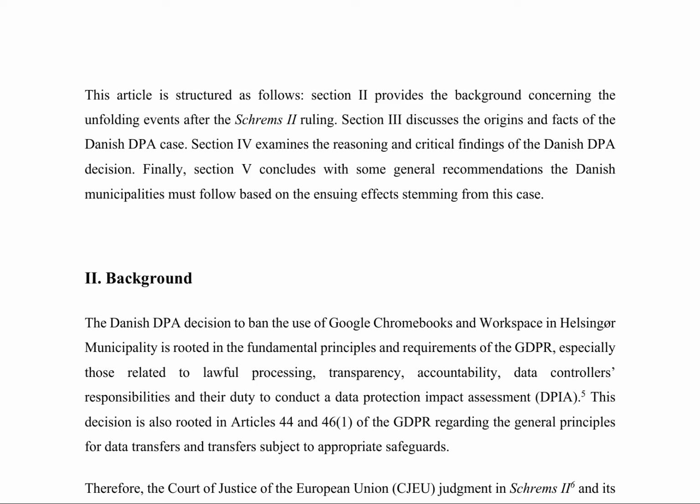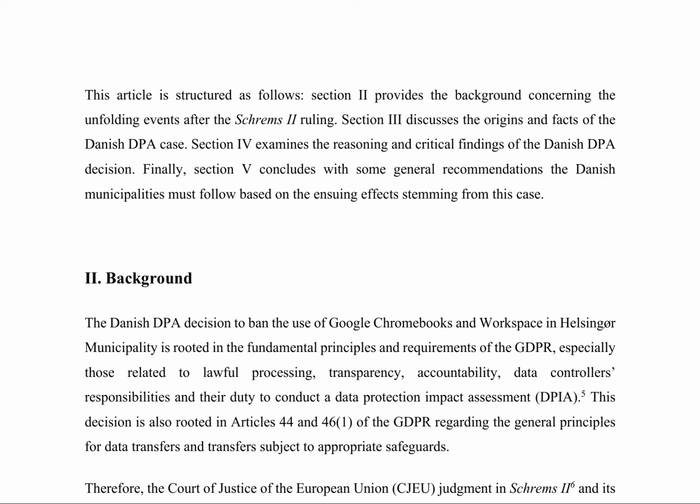The Court of Justice of the European Union, CJEU, judgment in Schrems II and subsequent regulatory developments, such as the European Data Protection Board, EDPB, Recommendations 01/2020 and the new Standard Contractual Clauses, SCCs, for data transfer to third countries, were considered.